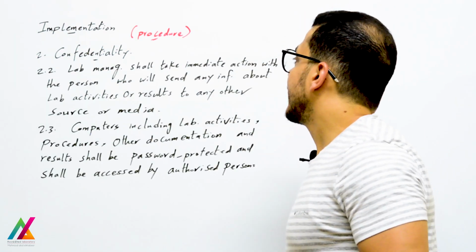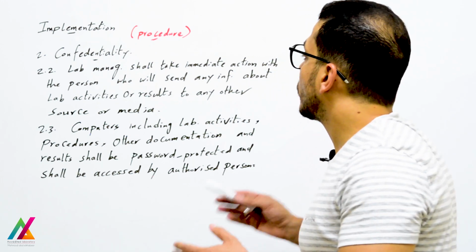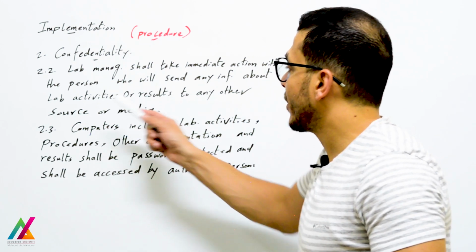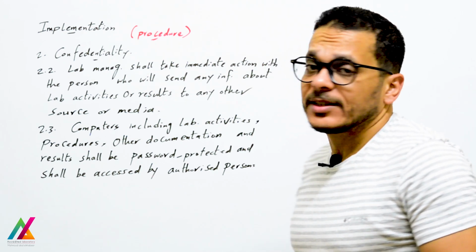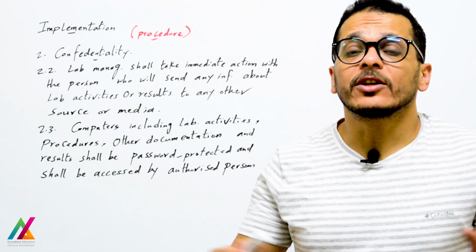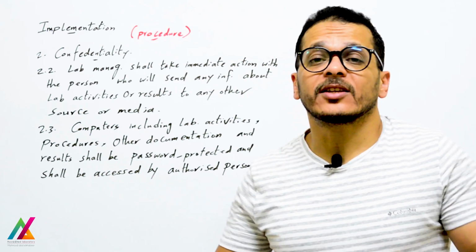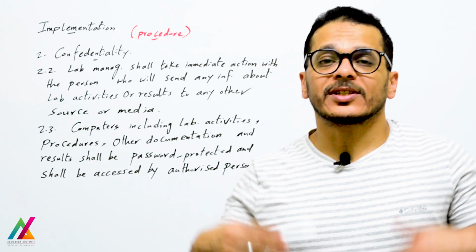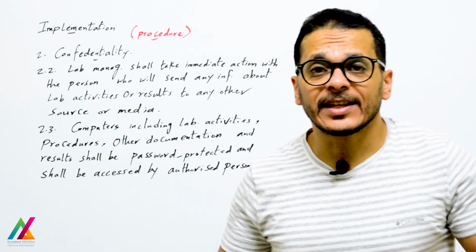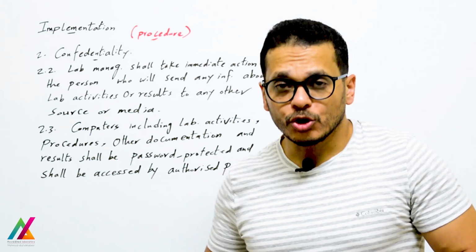Lab management shall take immediate action with the person who sends any information about lab activities or results to any other source or media, and you shall keep confidential all information relating to lab activities or results between the lab and the customer. You cannot send any of these data to the media or any other source.